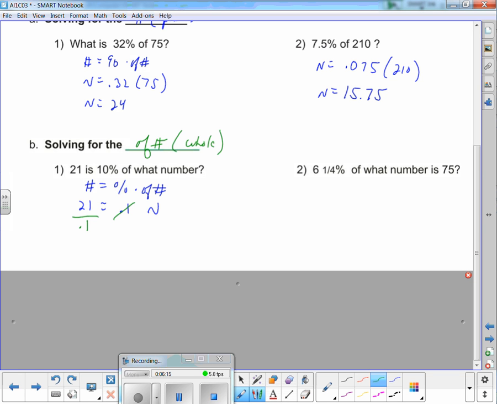Again, technically, we're dividing both sides by 0.1. Shortcut, just divide the other side. Calculator, punch it out. 21 divided by 0.1. And a minute ago, I told you that 10% of 210 was 21, right? And sure enough, there we are at 210. DeMams likes it.